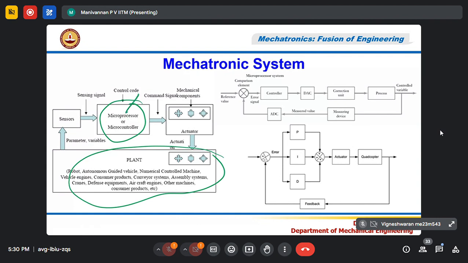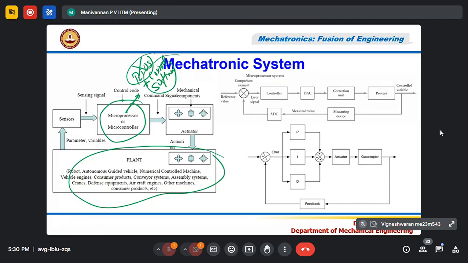In any embedded control system, you will have an RTOS plus control software. Sometimes in a very simple system you will not have an RTOS at all, directly control software alone will be there. Definitely there will be control software, which is going to control the machine.